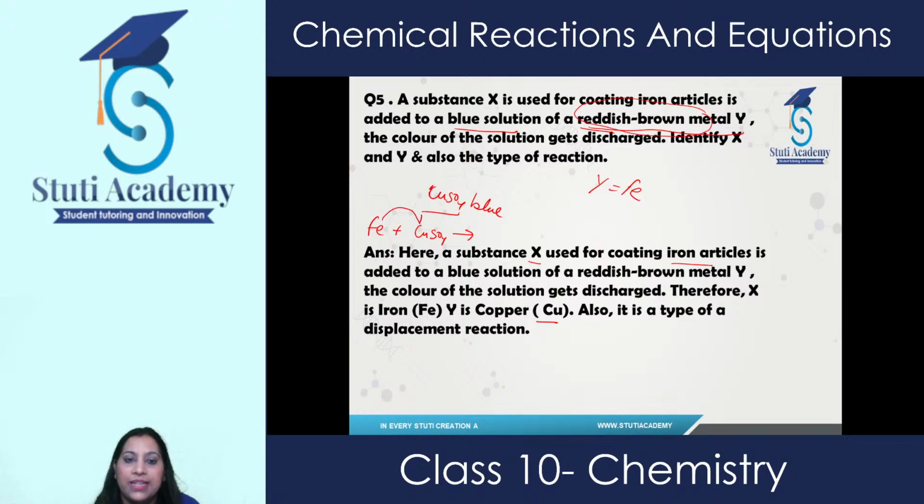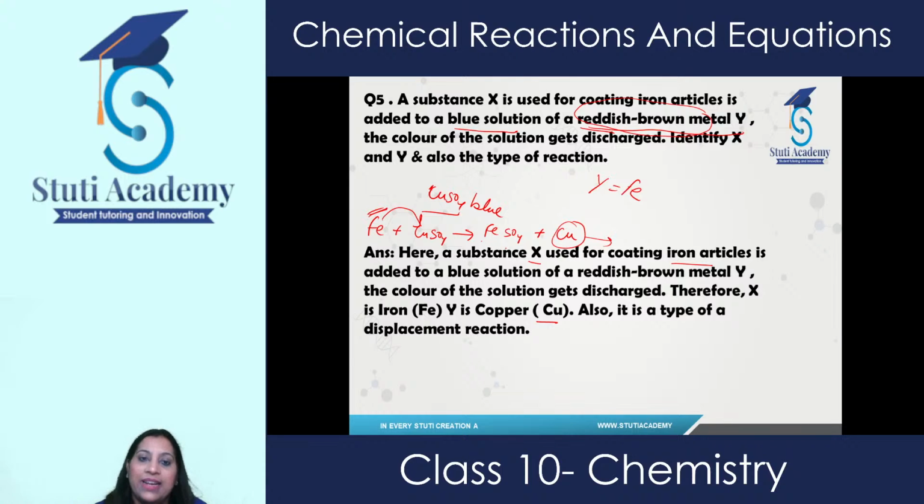Iron easily displaces copper and we get iron sulfate. It displaces copper from its salt solution and copper is left behind. Okay, so this type of reaction occurs when iron reacts with copper sulfate.